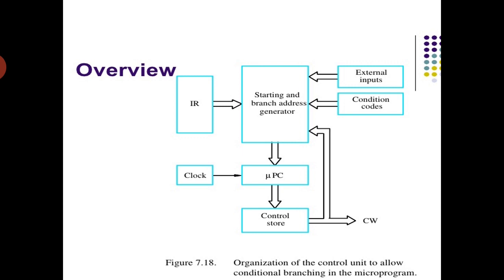Whenever a new instruction is loaded into the instruction register, the microprogram counter is loaded with the starting address of the micro routine for that instruction. This is the first step.